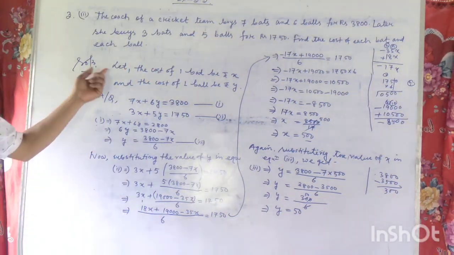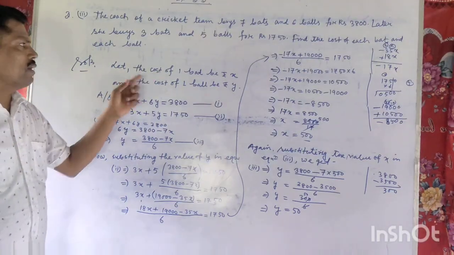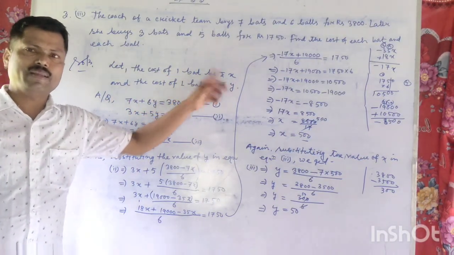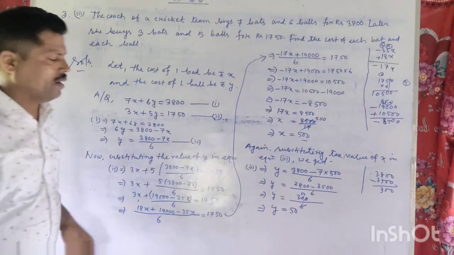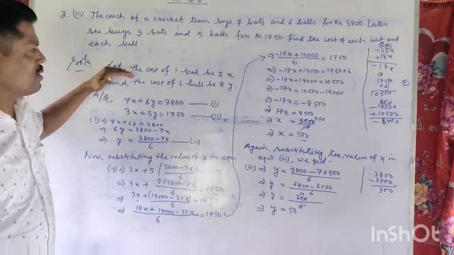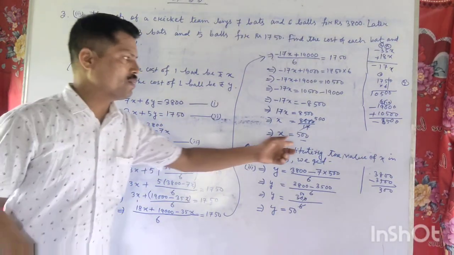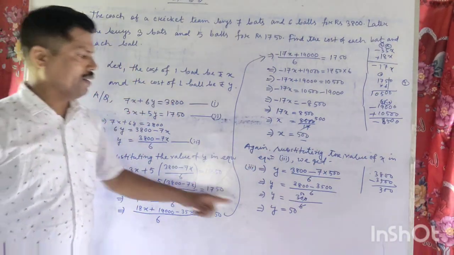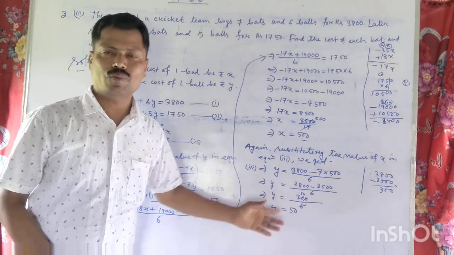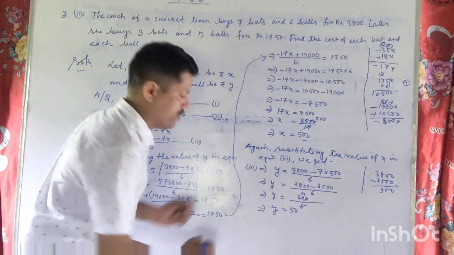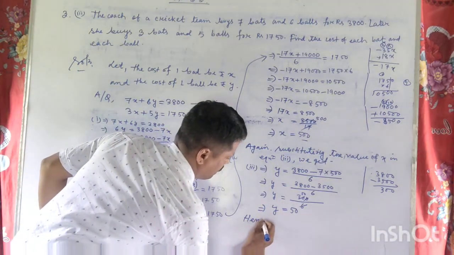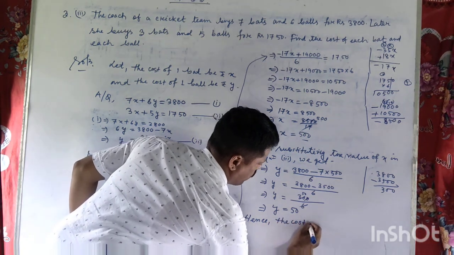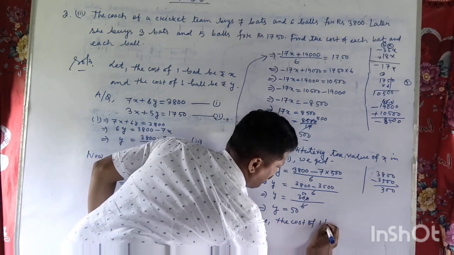So come back to this, what we have taken here. The cost of one bed is rupees x. So we can find out now. Hence the cost of one bed is rupees 500 and the cost of one ball is rupees 50. We have solved this. Now closing part.